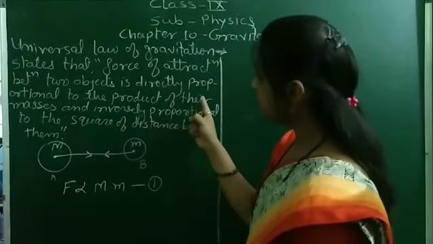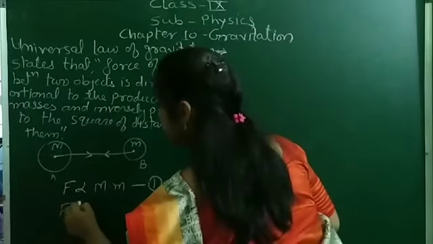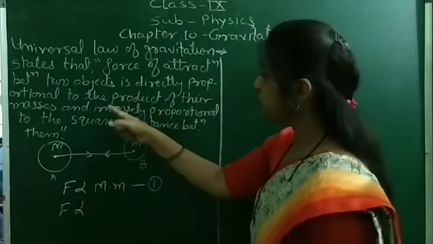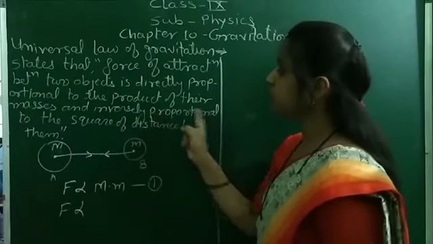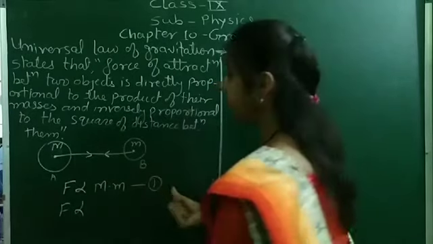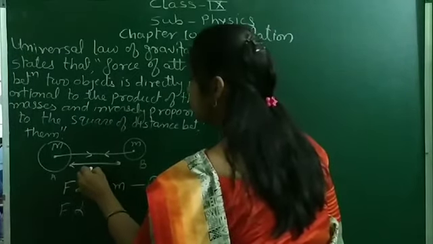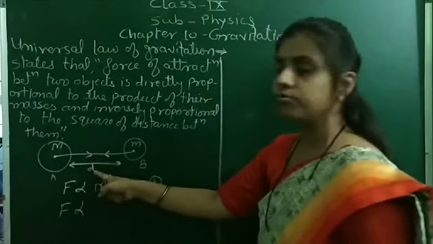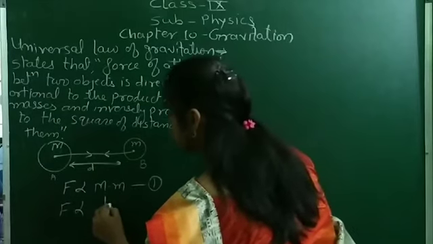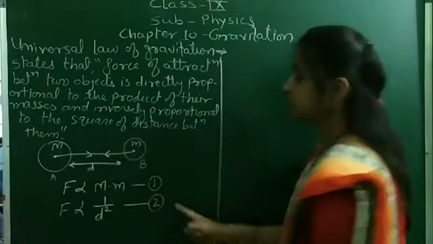The next statement is that this force of attraction, which we call the gravitational force, is inversely proportional to the square of the distance between them. Suppose the two objects are at a distance D from each other, then the force of attraction is inversely proportional to the square of the distance between them. This is our equation 2.